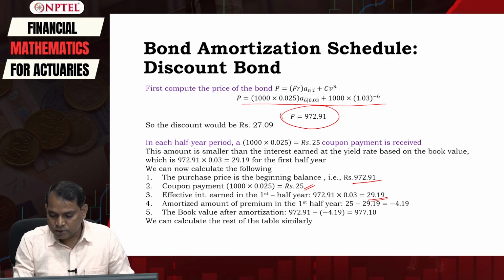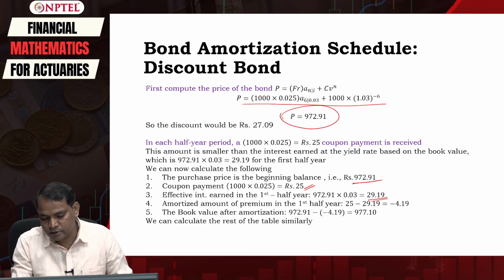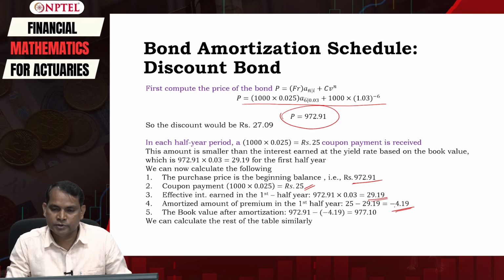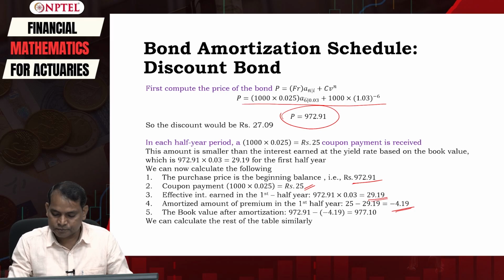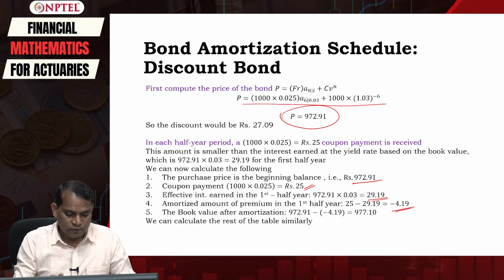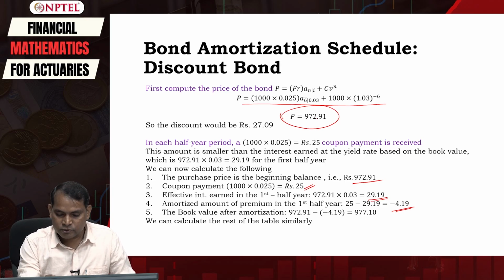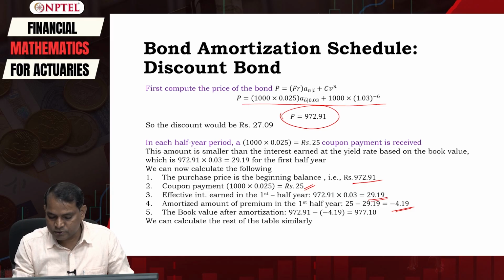Now the amortized amount is 25 minus 29.19, which will be minus 4.19.